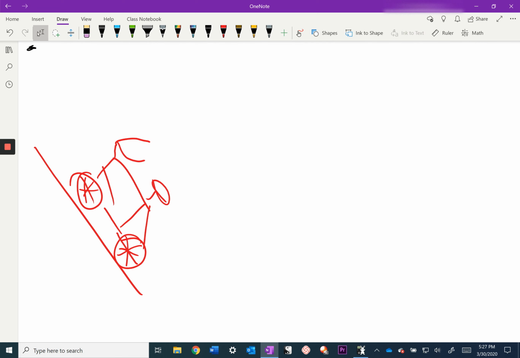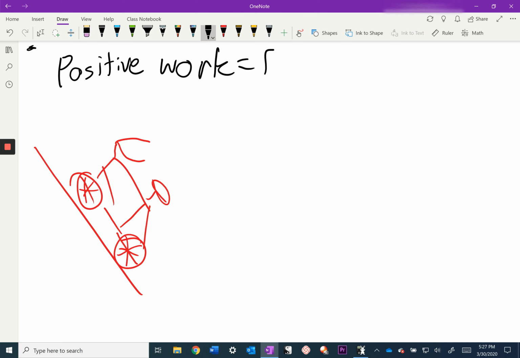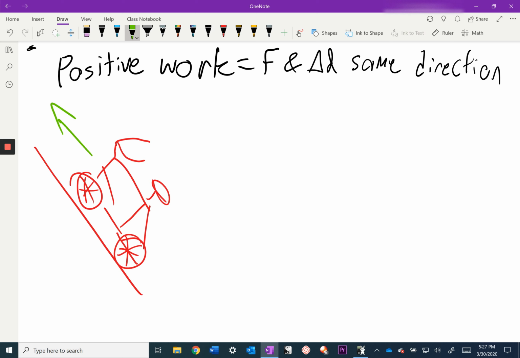Well, if we remember back from our last video, positive work means force and displacement are in the same direction. So we have this bicycle right here. There is an applied force to push the bicycle up the road, and your displacement is also up the road.